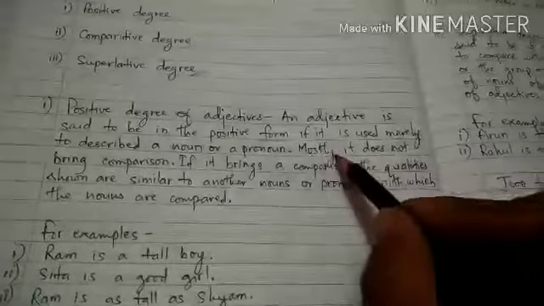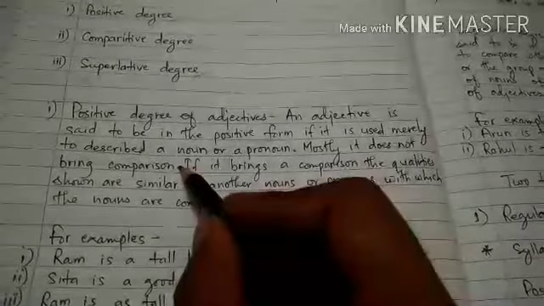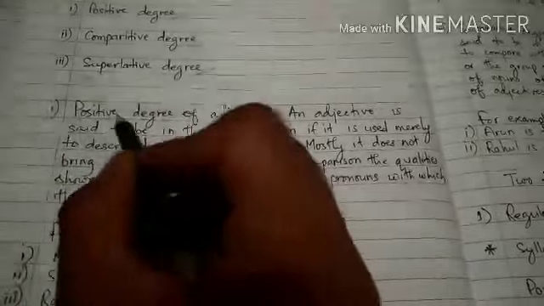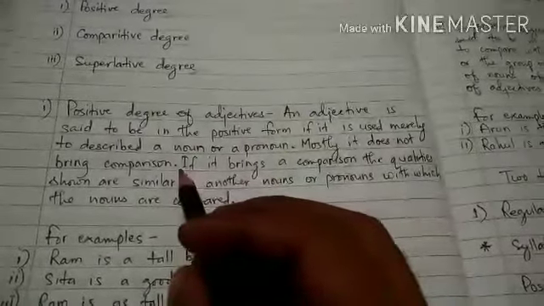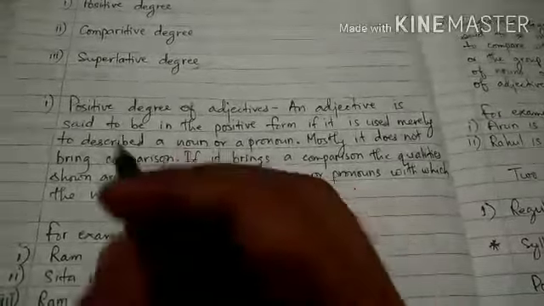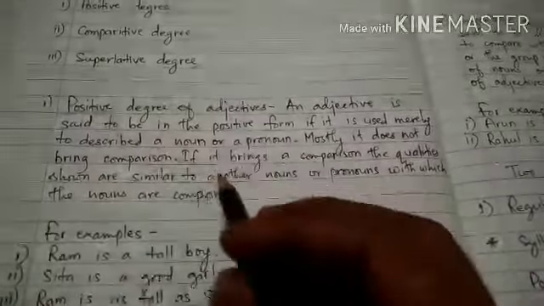Okay, mostly it does not bring comparison. So whenever we use positive degree of adjective, we do not show comparison. Mostly. But it does not mean that by using positive degree of adjectives, we don't bring comparison.